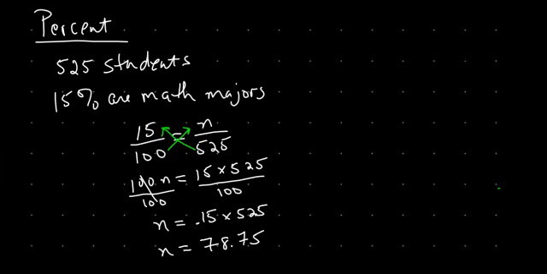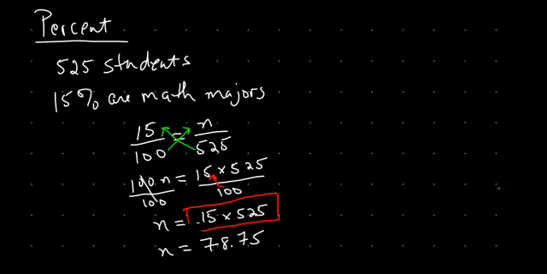Okay, so I did it this way for a particular reason. You might say, well, why did I divide the 100 into 15 there? Why didn't I divide it into the 525 instead? There's a particular reason I did. I wanted you to see this. That is, to find 15% of 525, I simply change my percent to what we talked about, 15 out of 100. That is 0.15.